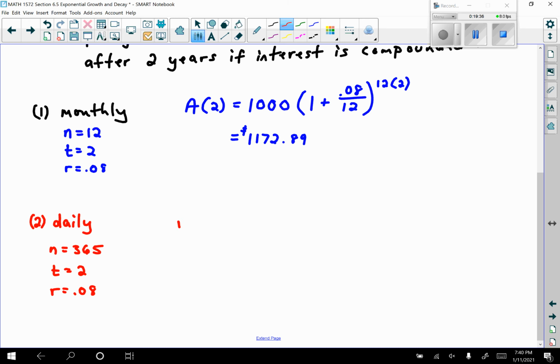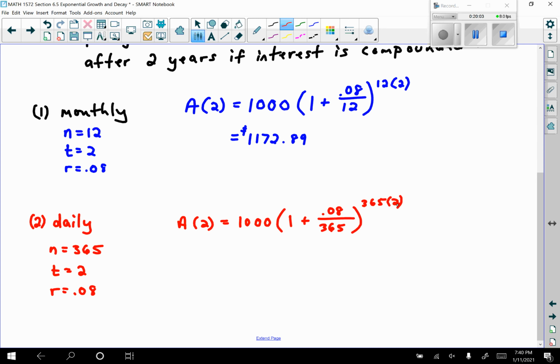So now we'll have A of 2 is going to equal 1,000 times a quantity 1 plus, still 0.08. But this is what's stopping it from getting outrageously high, even though we would like that. If our money's sitting in the bank, we would love to make as much money on it as possible. But they would divide that 0.08 by 365. And then we would have raised to the 365 times 2.